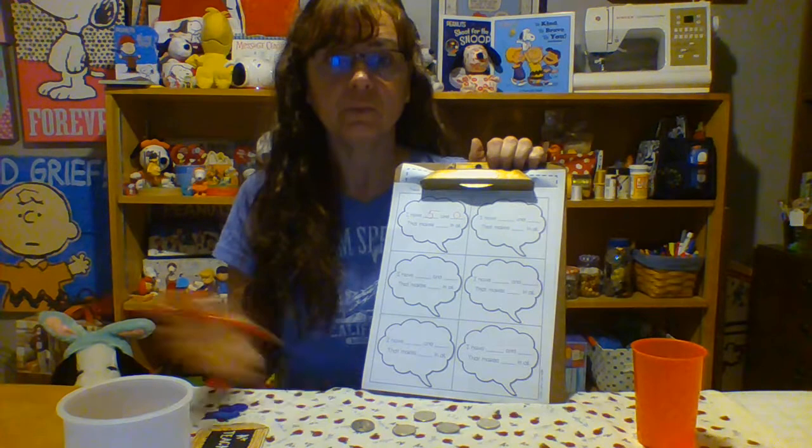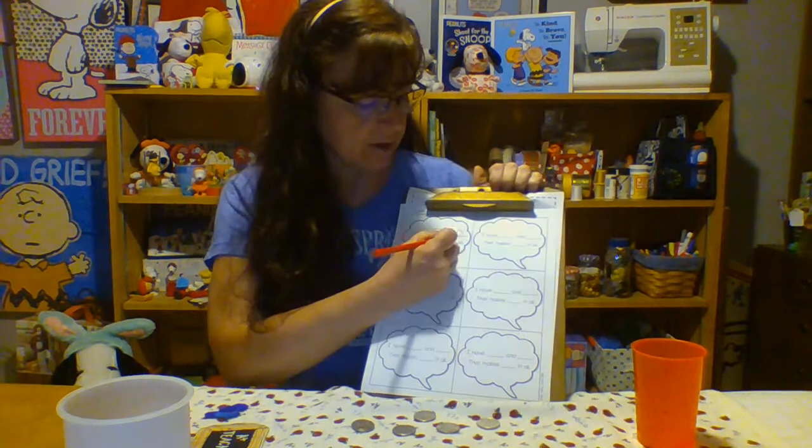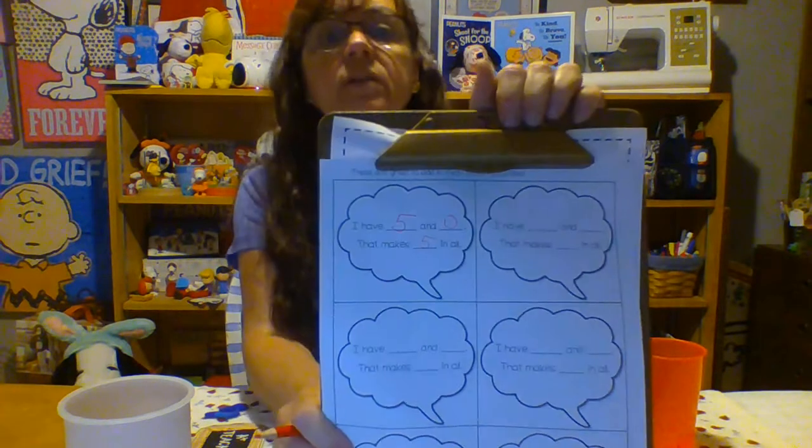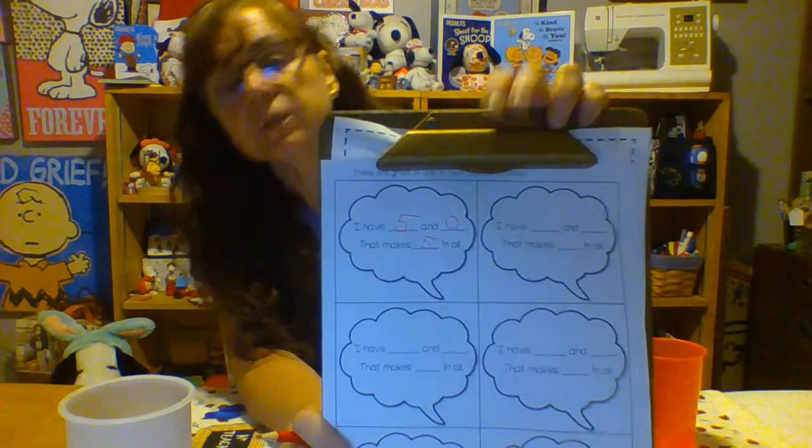Remember, all means put them together. Yeah, I have 5. And zeros are sometimes tricky for us. Zeros are tricky because sometimes we want to say 0, but if I have 5 and 0 and I put them together, I've got 5, right? I don't have any on this hand, but I do have 5 on this hand. So remember that, okay?